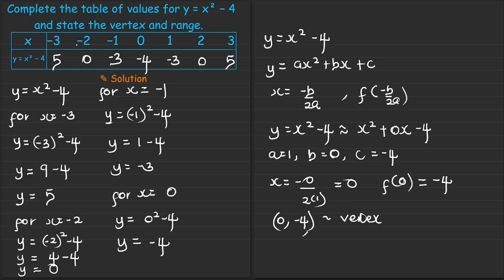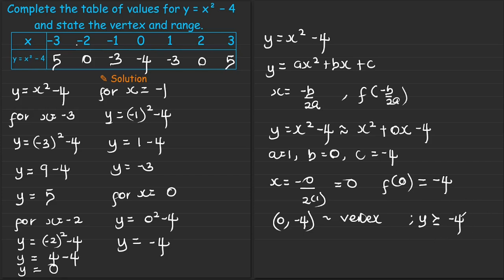For the range, if we have our vertex at 0, negative 4, the vertex also tells us this was actually a minimum function, right? So it tells us the least value y can be, you see. So hence, since the parabola opens upward, then it simply means the values of y are greater than or equal to negative 4.